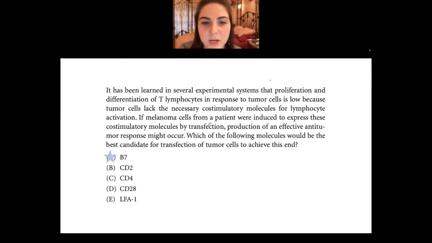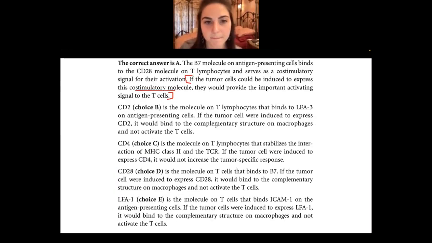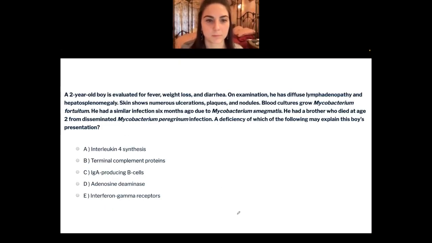I agree with transfection, but you're trying to mimic that signal 1, signal 2 reaction so that the T cell is like, okay, I see the cancer cell. So there's this question and then 2 more.